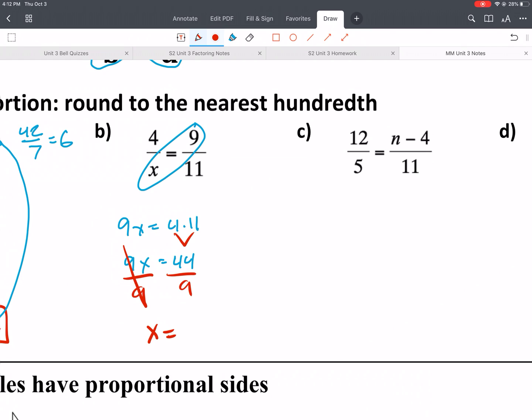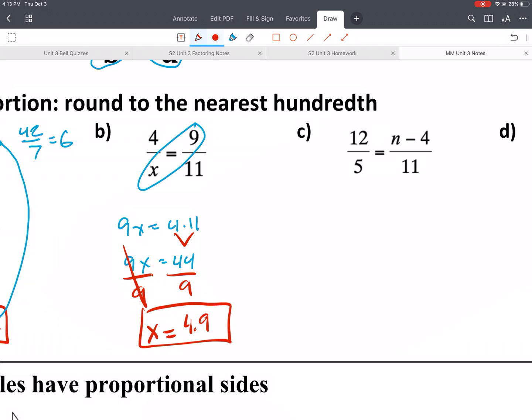Let me do that really quick on my calculator. So 44 divided by 9 gives us 4.89 if we round to the hundredths place. Or we could round to the tenths place. Let's do it to the tenths place.